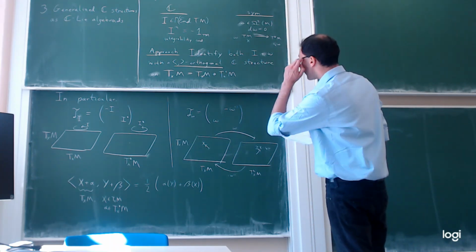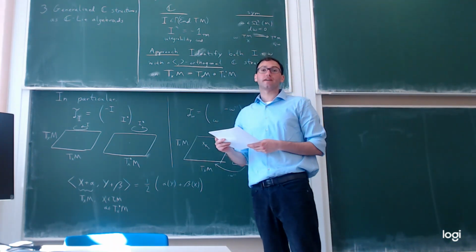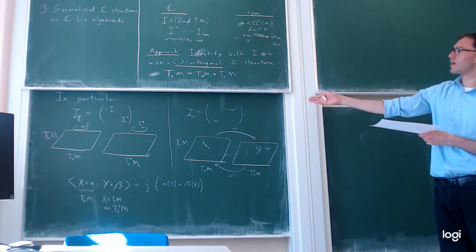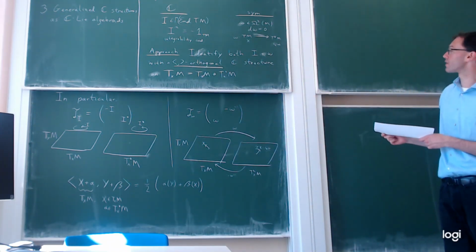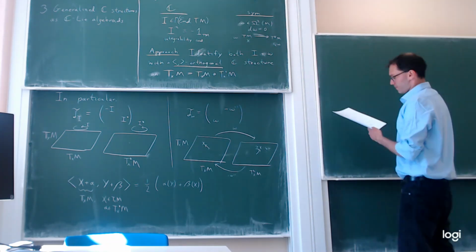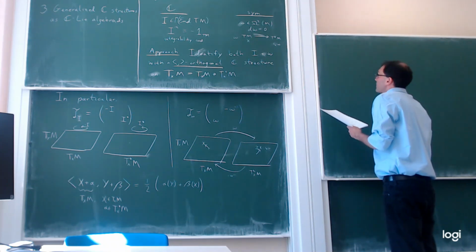And as we saw in the first lecture, there's an equivalent characterization of such an orthogonal linear complex structure, given as follows.